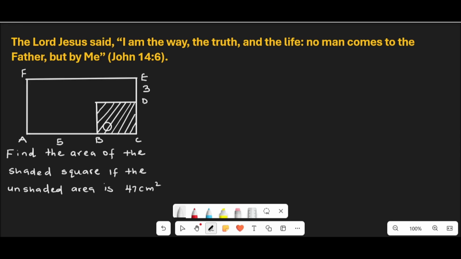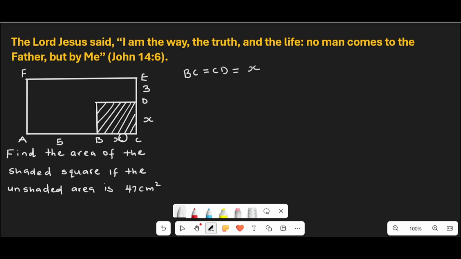So since the shaded region is a square, it means that BC is equal to CD. So BC equal to CD, and let it be x. So I can say this place is x and this place is x.